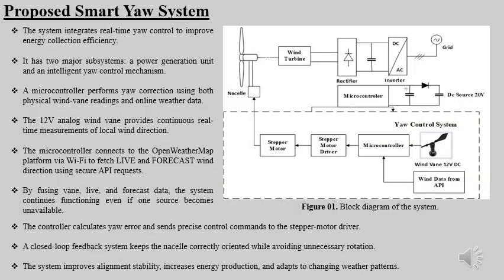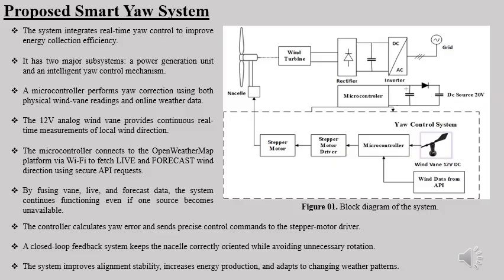Now moving on to the proposed smart yaw system. This system integrates real-time yaw control to enhance the turbine's energy collection efficiency. It is built around two major subsystems, the power generation unit and the intelligent yaw control mechanism.